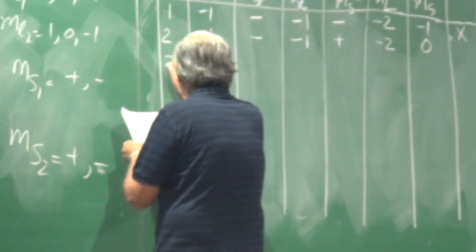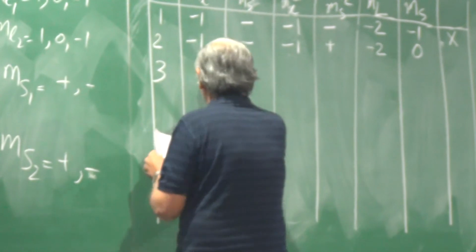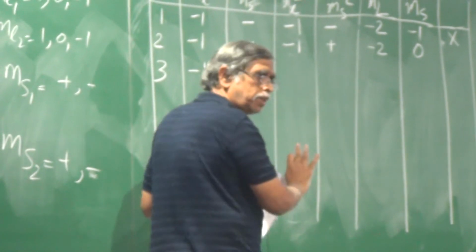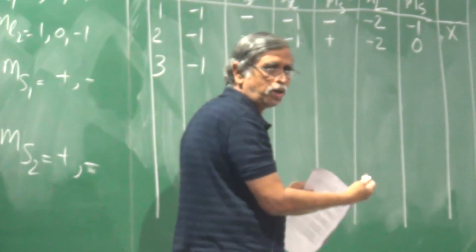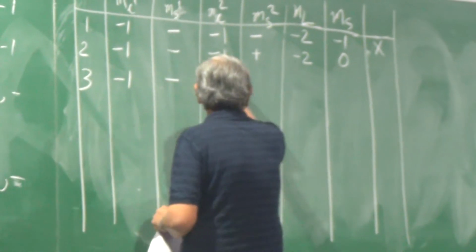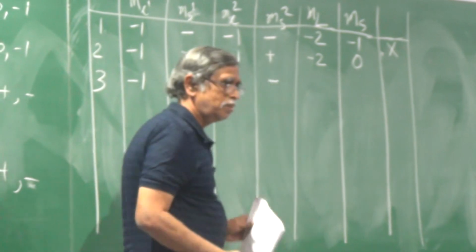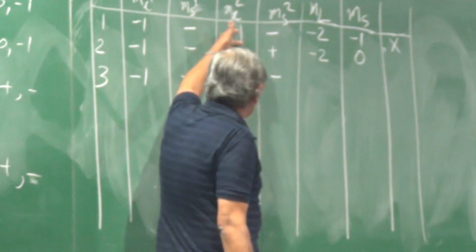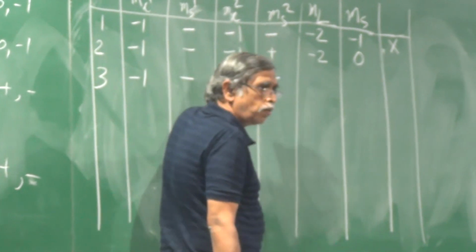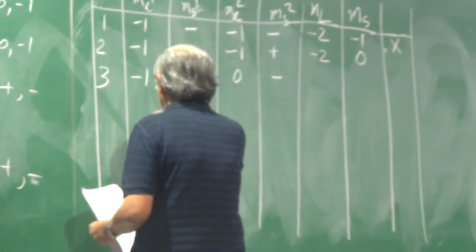Let me write the third state. Minus 1, minus. We keep that the same. I have already exhausted more possibilities here. So I go to the next one, which is 0, and I put the minus factor. I'm just going to keep this constant, take one of these, work out both. Go to the next one, work out both. So let me write the other one also.